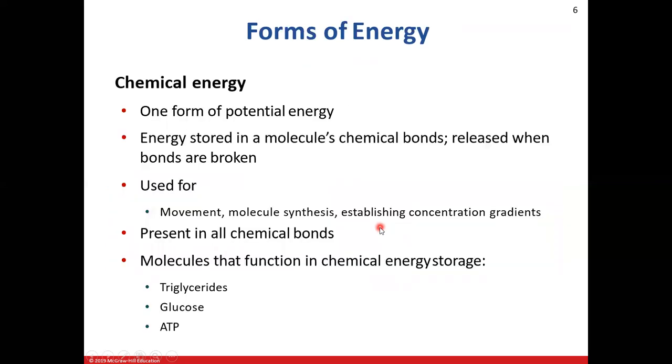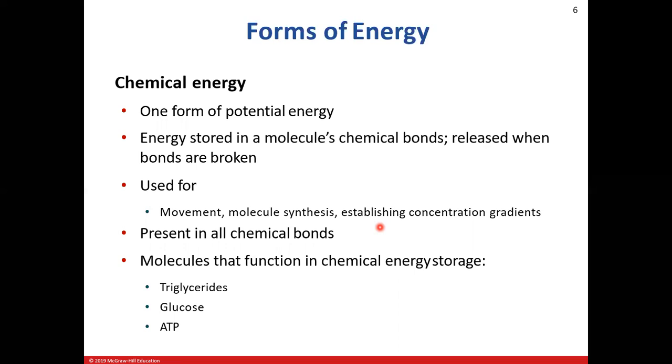So what are some other forms of energy? We obviously have potential energy and kinetic energy. Well, chemical energy is actually one form of potential energy, because when we look at chemical energy and you look at a molecule, energy actually gets stored within the chemical bonds. So when we have these covalent bonds between carbon and hydrogen and carbon and nitrogen and carbon and whatever other element we throw out there, there is energy found within those bonds.